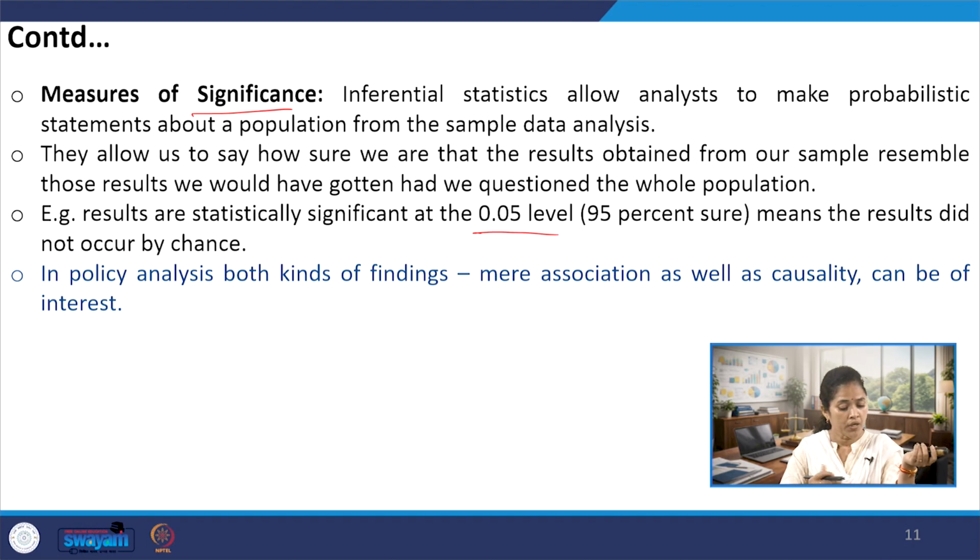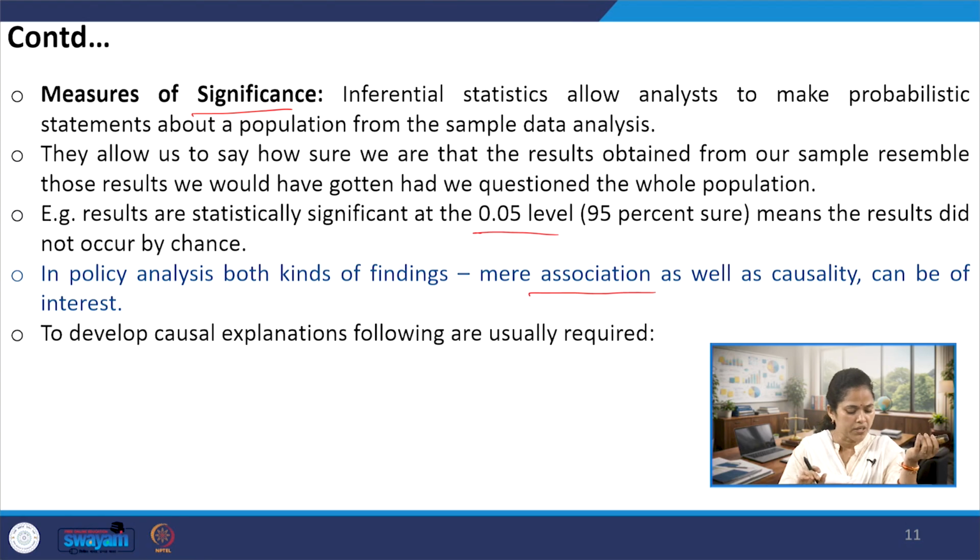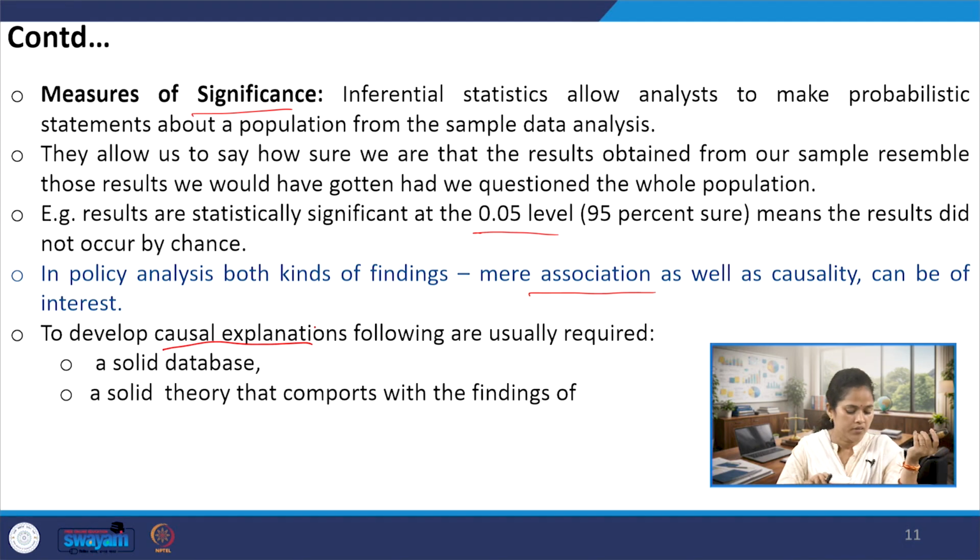In policy analysis, both these kinds of findings, the mere association as well as the causality, can be taken as of great value. And as I told you, for developing the causal explanation, we need to take into account some requirements. We need a solid database for causal explanation; otherwise it would be better to have association or correlation analysis.